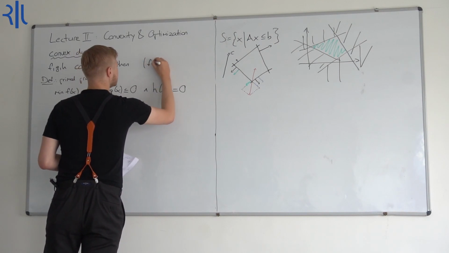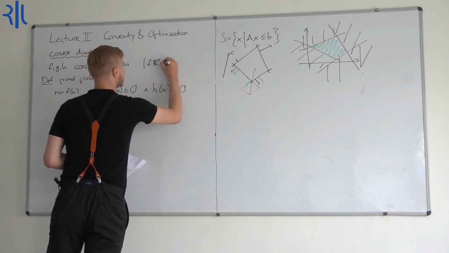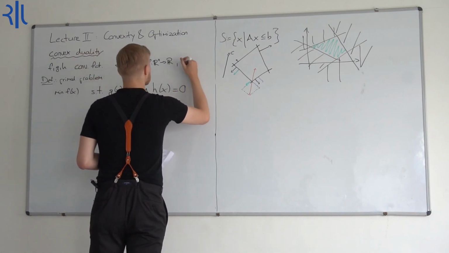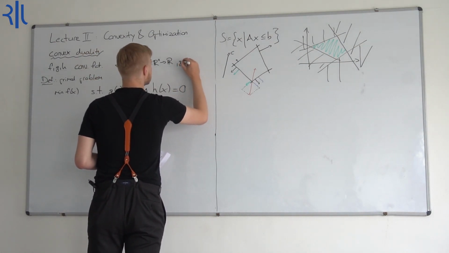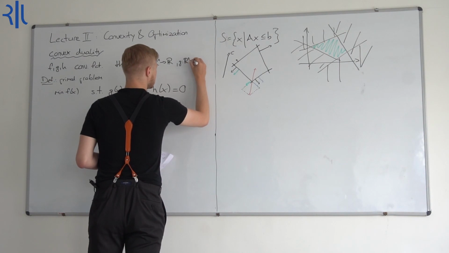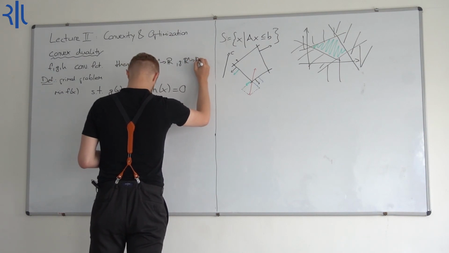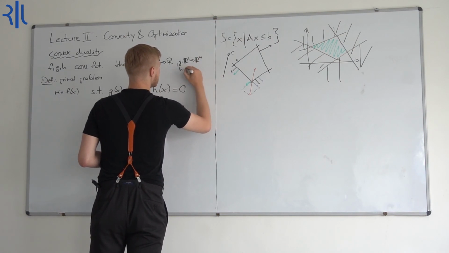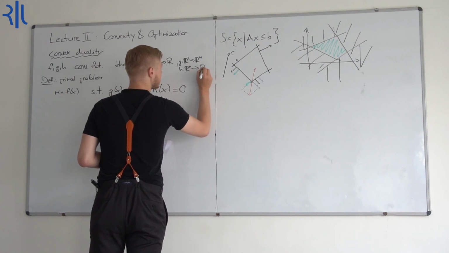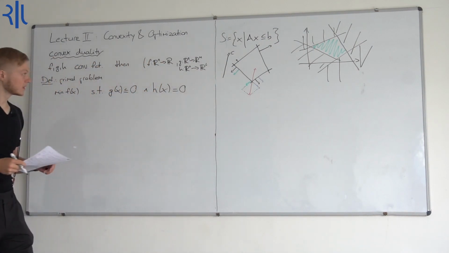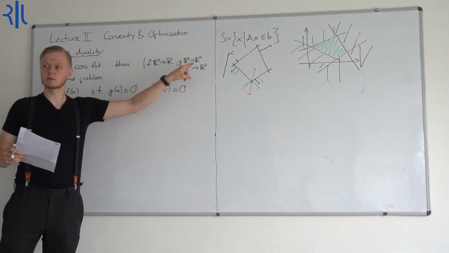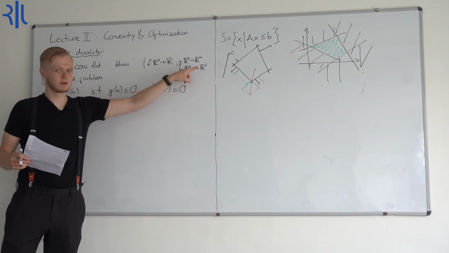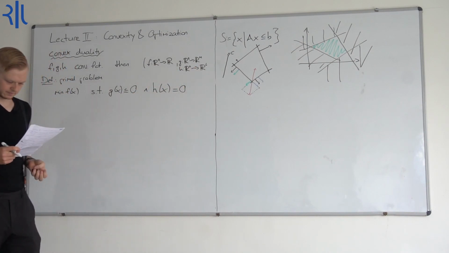So f maps from Rn into R. G maps from Rn into Rm, and H maps also from Rn into, let's say, Rl. So m is the number of inequality constraints that we have. L would be the number of equality constraints.